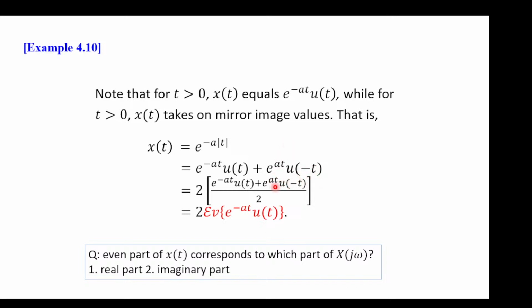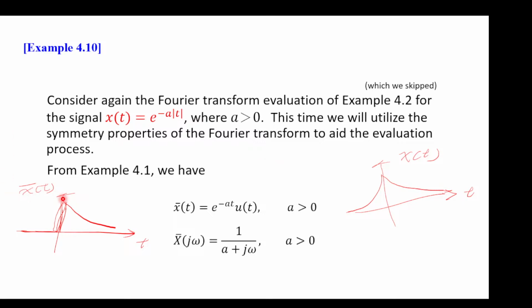So this is the time reversal of our x bar of t. So x of t looks like x bar of t plus the time reversal of x bar of t.